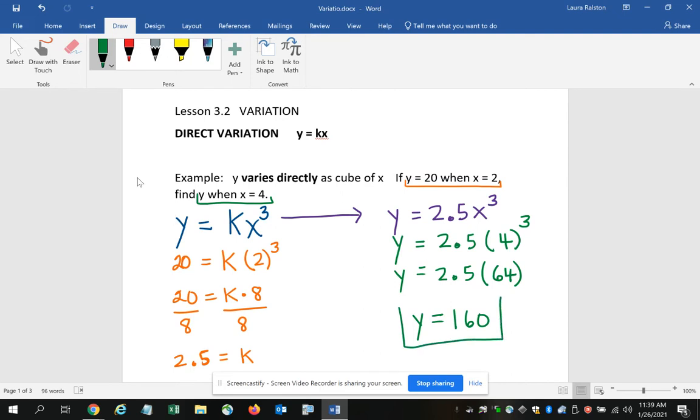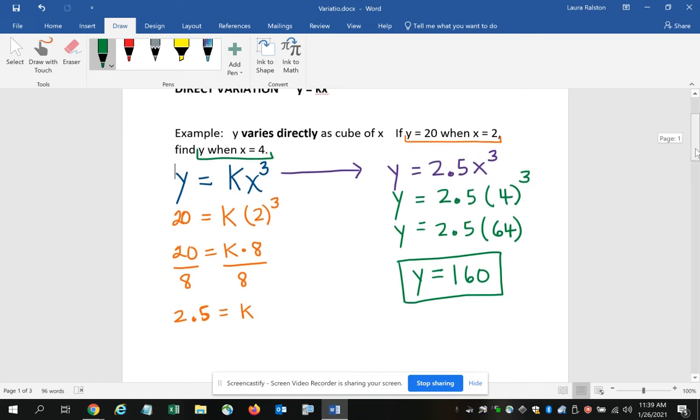So that would be my answer. Everything is laid out for you in the problem. You just have to take your time and walk it through. The piece you probably need to know is how to set up the direct variation, and it's always set up y equals k times x.